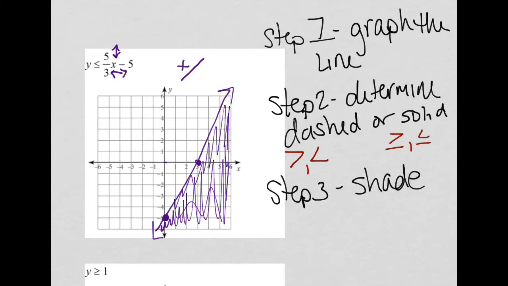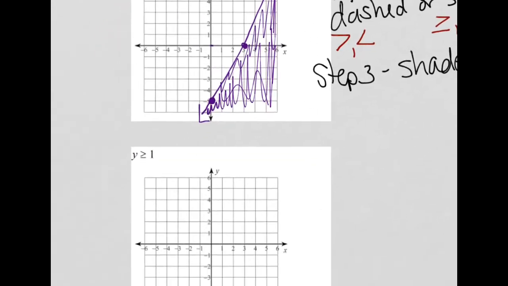Step 3 is to shade. Now keep in mind, these are your steps if you are already in y equals. If you are not already in y equals, you have to solve for y first. Those are our last 3 examples. So let's move on to number 2.